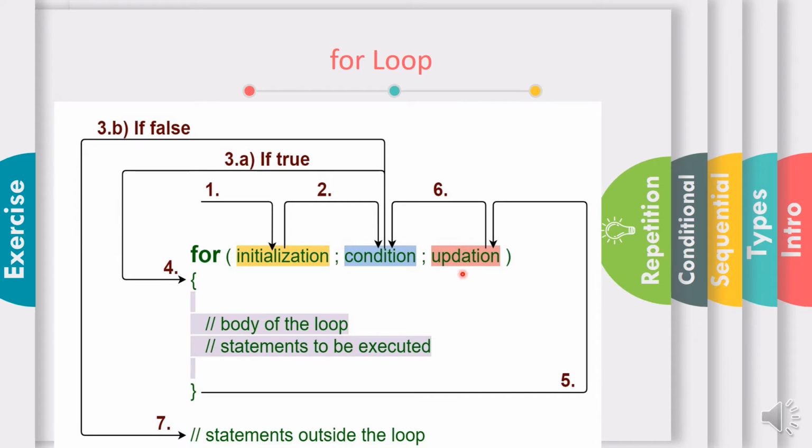After updating the variable, it will again check the condition. Again, if the condition is true, the same steps will be followed, but if the condition is false, then the body of the loop will not be executed and the statements outside the loop will be executed.